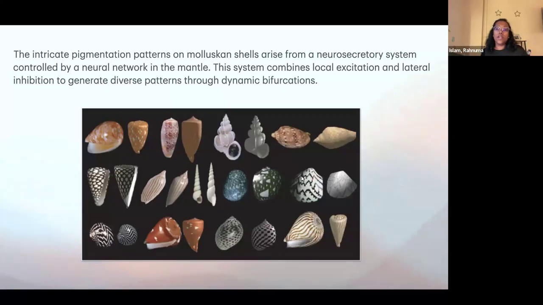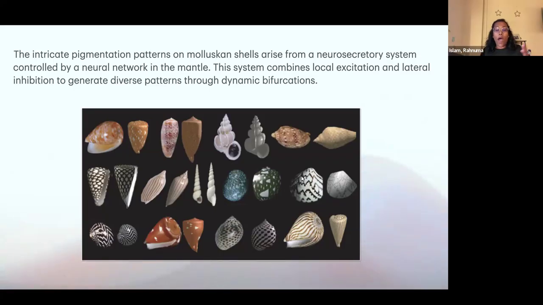Shell pigmentation is the coloration or marking on the shell surface. Usually it is created by the mantle, a tissue along the edge of the shell that deposits the shell materials and pigmentation as the shell grows.